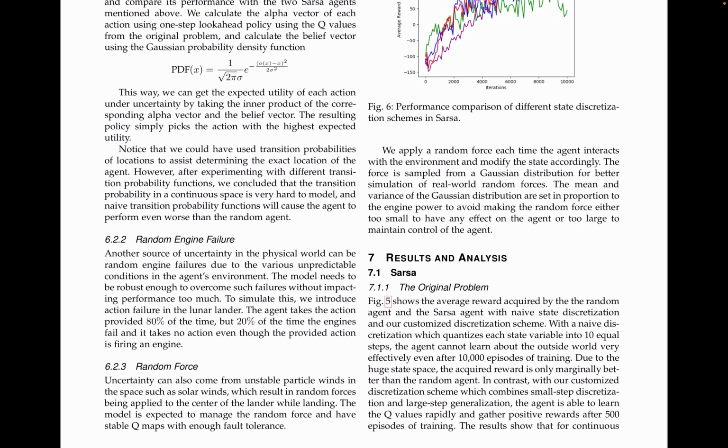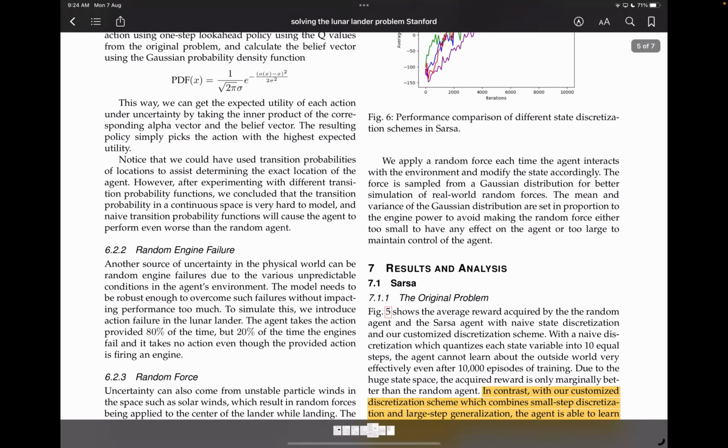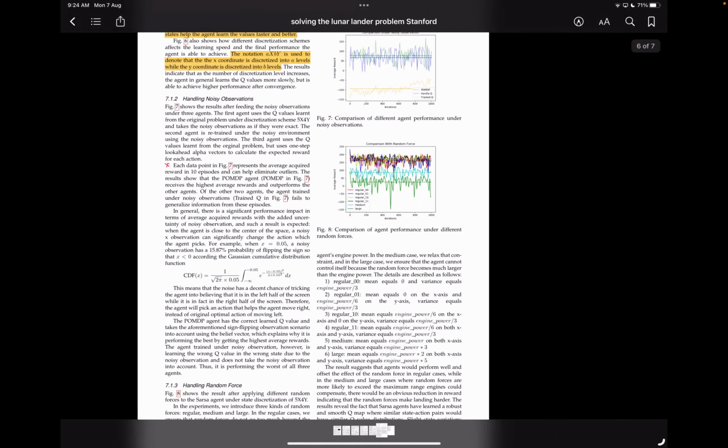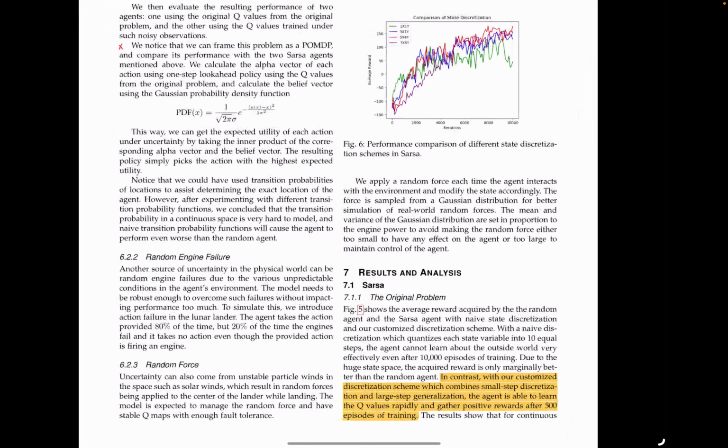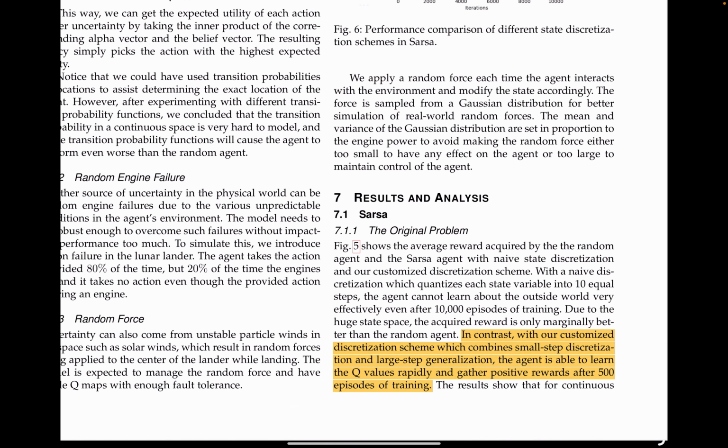So naive SARSA and the random agent could not do that well, but in contrast, our customized discretization scheme did pretty well. It was a combination of small step discretization and large step generalization, which led to gathering positive reward, or say convergence, after just 500 episodes of training, right?